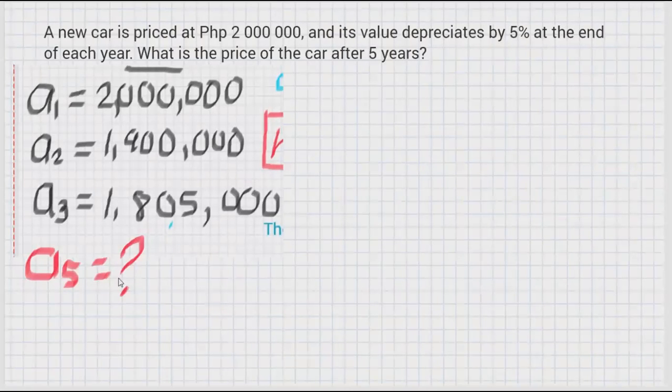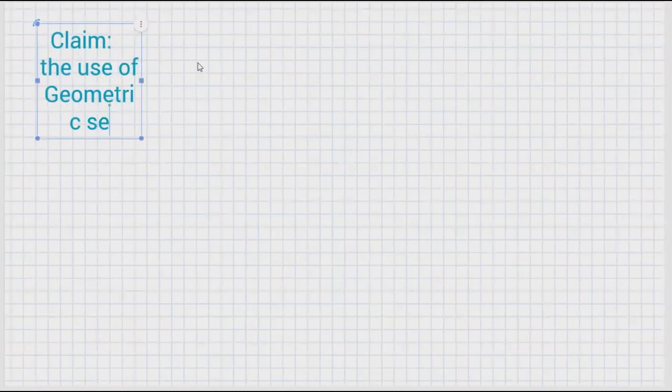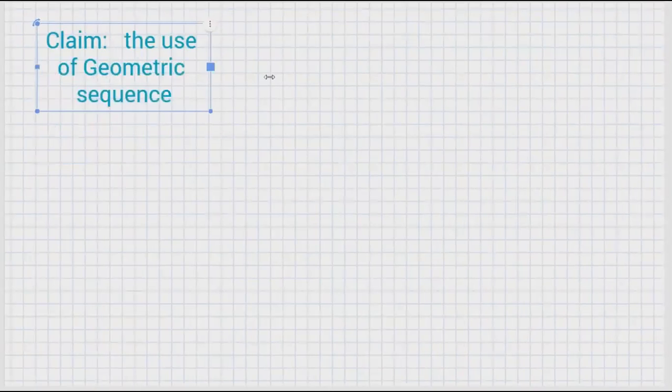What's the formula for the geometric again? Your claim here would be the use of geometric sequence. Again, why geometric sequence? Because there is a common ratio. So that would be your reason.